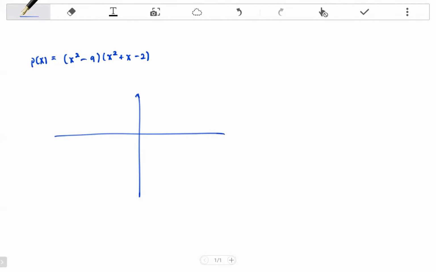Let's move on to zeros of polynomials with factoring. Our first question is P of x is going to be x squared minus 9 times x squared plus x minus 2. 이건 민혁이가 해볼래? 이거 그 포인트 어디에 찍혔는지만 말하면 되죠. 맞아. 일단 첫 번째는 minus 3.